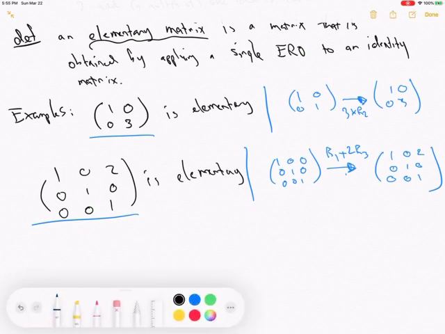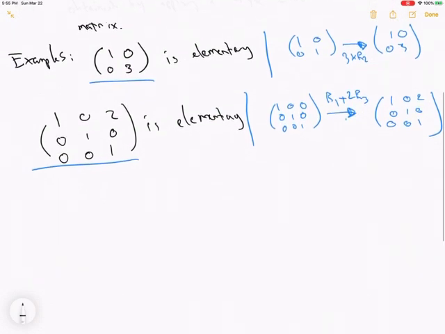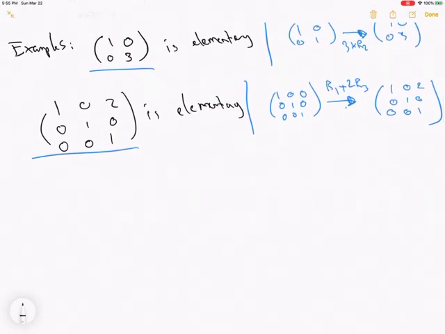I'm going to write down a couple of others, but I'm not going to continue showing why they're elementary. You can interchange any of the rows. For example, take a 4 by 4 matrix and swap the second and fourth rows, so you get something like this.